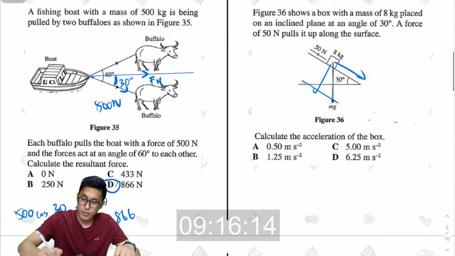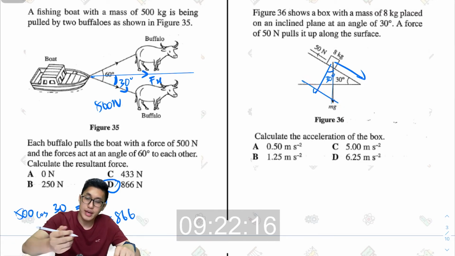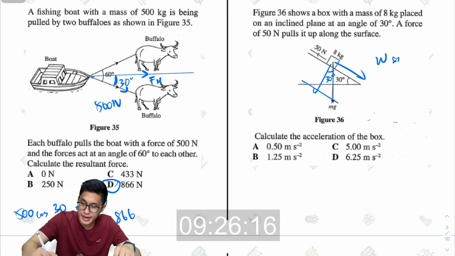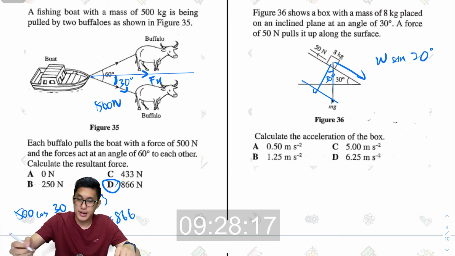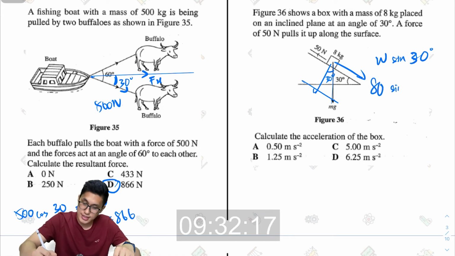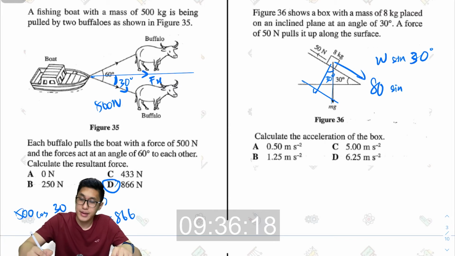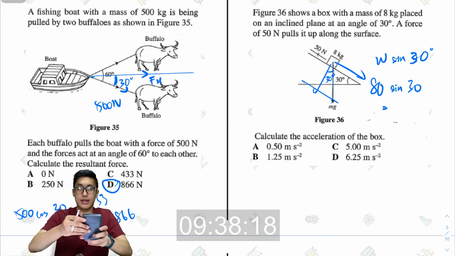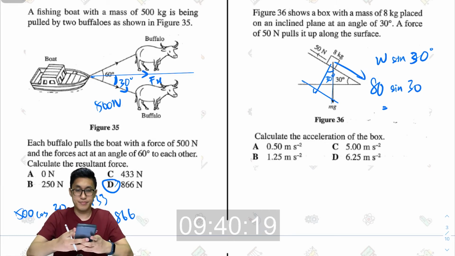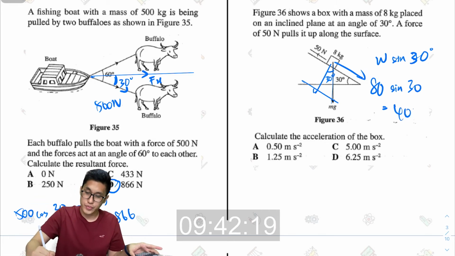Okay, so 30 degrees, that means this is 30 degrees, right? So this force here would be sine. Okay, the weight sine 30, and the mass is 8 kg, so the weight would be 80, because I'm assuming gravitational acceleration is 10. 80 sine 30, that would be 40 newtons.